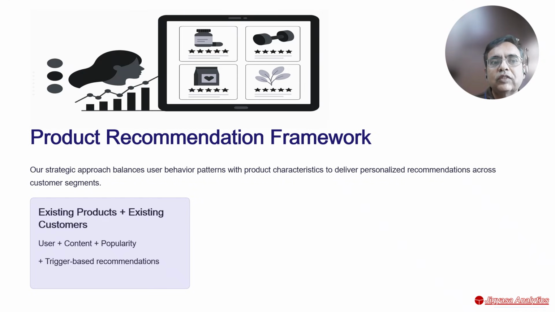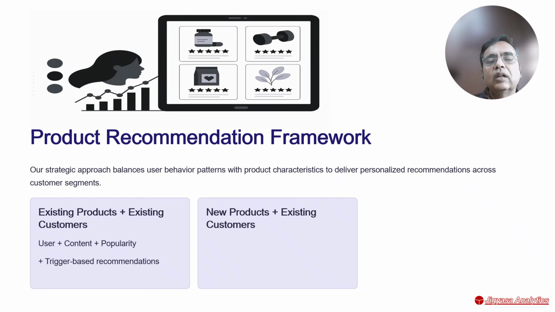This was the most sophisticated group. Why we needed something like popularity here as well, even though it's a baseline model? Because not all users have enough history. So for newer users, this was a good way to generate recommendations for them. Then for new products and existing customers, so that's always a challenge, right?